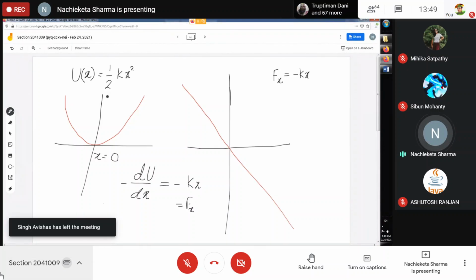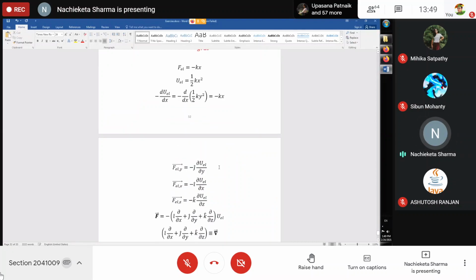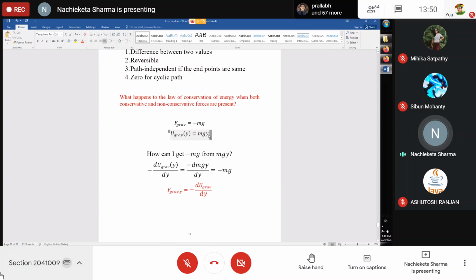I have told you this for one dimension, but you can use it in 3 dimensions as I have written. The only thing is that now your elastic potential will be a sum of 3 terms: half kx squared, half ky squared, half kz squared. In the earlier case also, your potential energy will be a sum of 3 terms: mgx plus mgy plus mgz.